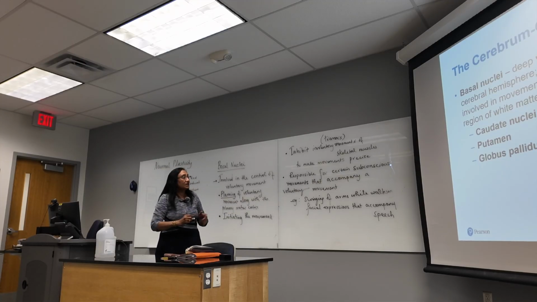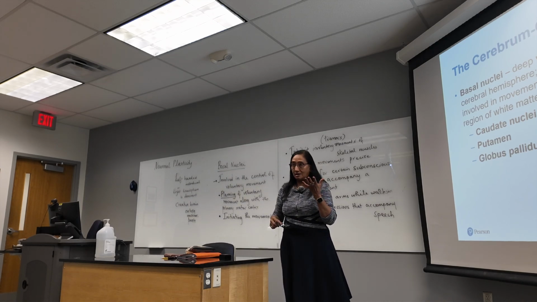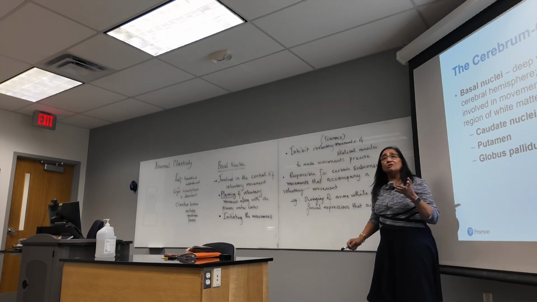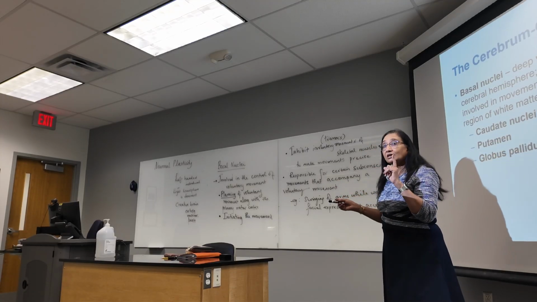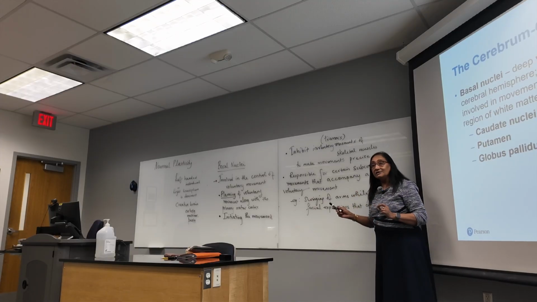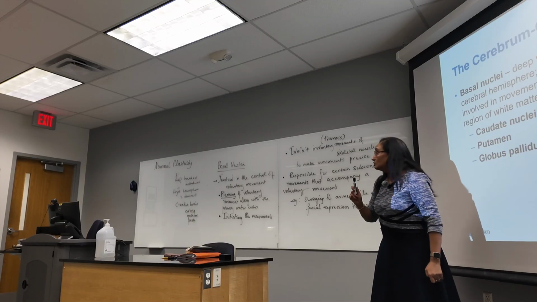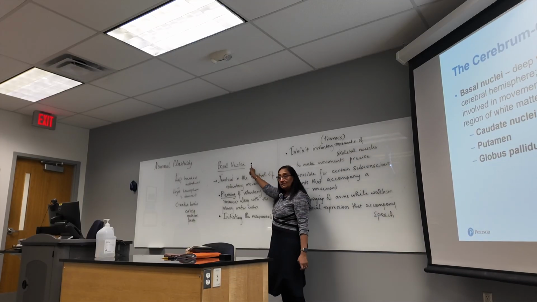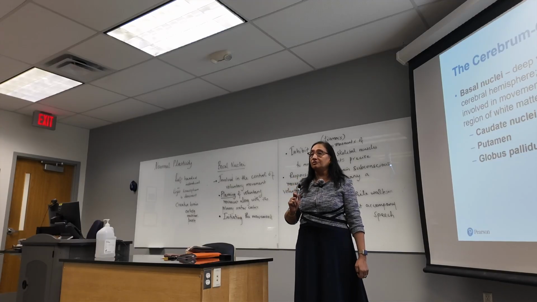Now, a lot of times we are not aware of how important these are. Why? Because we are all normal. So we assume it, we take it for granted. Only when you lose it, you realize what is the importance of this. So a person who has damage to the basal nuclei will not be able to initiate a voluntary movement.